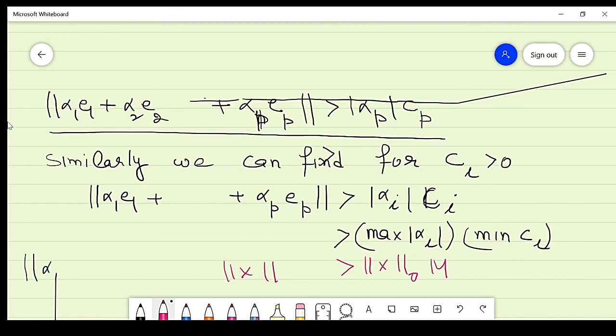So first part and second part. Combining these two results, what do we get?